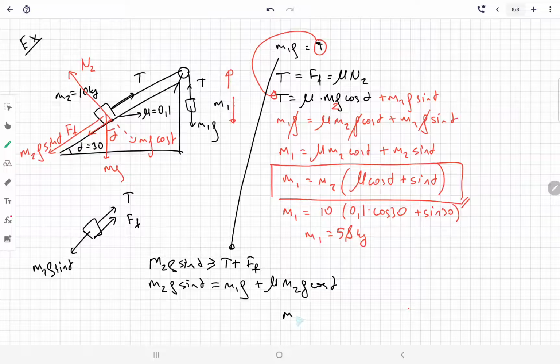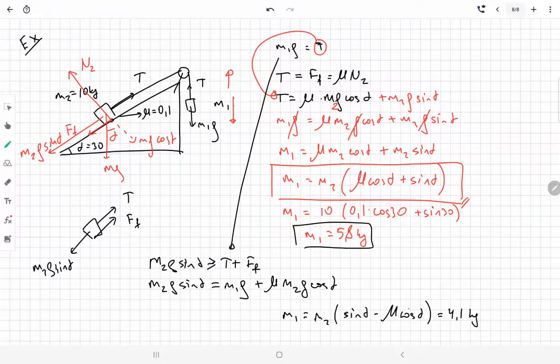From here m1 equals m2 times sine alpha minus mu cosine alpha, and this will be equal to 4.1 kilogram approximately. So we have two limits.